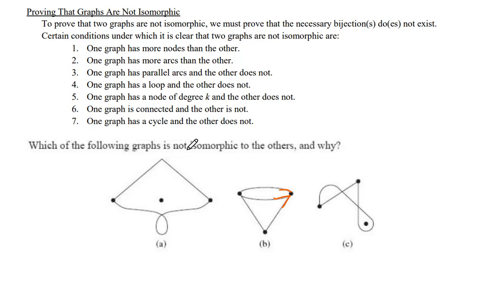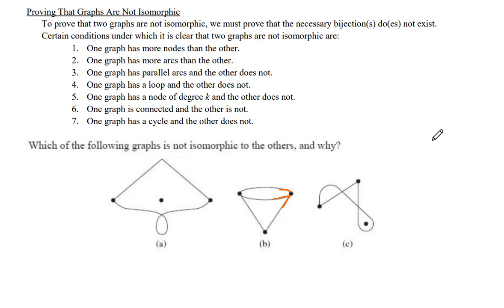Which of the following graphs is not isomorphic to the other and why not? I would say B. B has a node with 3 arcs, so this one is not isomorphic to A and C. But A and C are isomorphic.